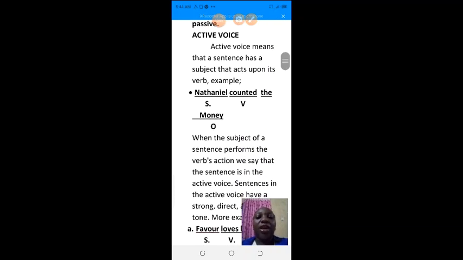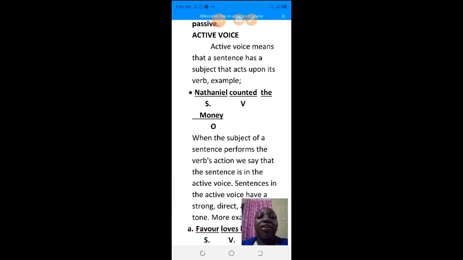For example, we have: Nathaniel counted the money. Nathaniel is the subject because he carried out the action of counting, which is the action verb there. The verb counted is in the past tense and it is the action verb.